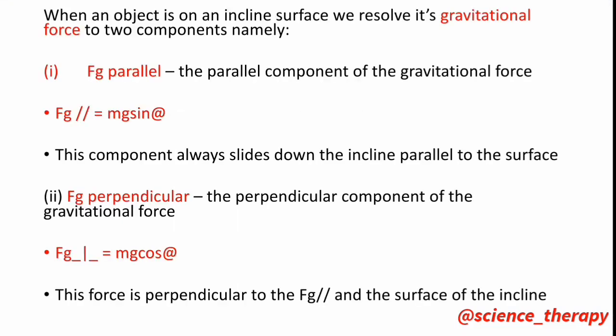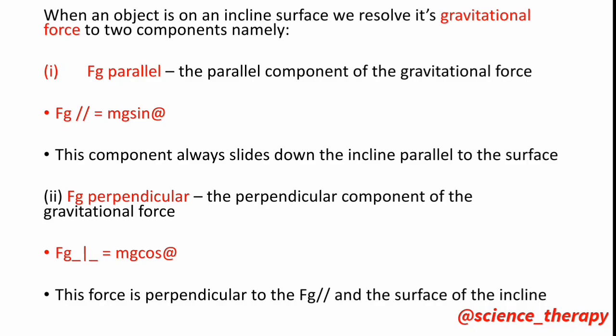Now this is what I want you to comprehend before we can get to solving the questions that relate to objects being on an inclined surface. When an object is on an inclined surface, we resolve its gravitational force into two components, namely, number one, the Fg parallel, which is the parallel component of the gravitational force, having the formula Fg parallel is equal to mg sine theta.